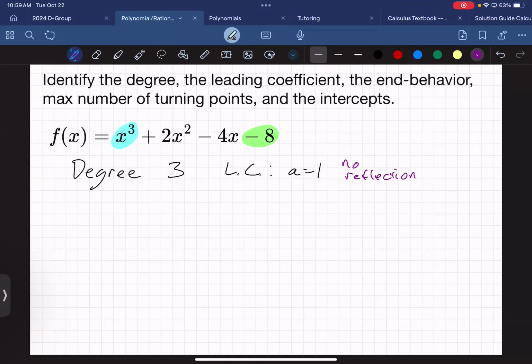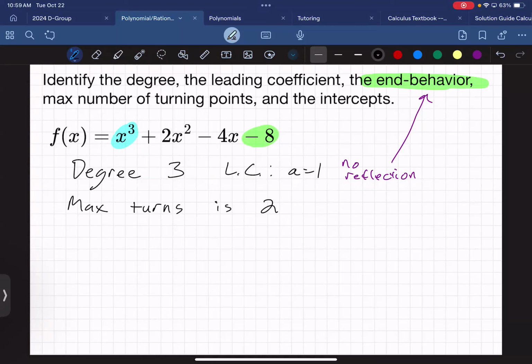Okay. Now, before we go into the end behavior, which is going to have a lot to do with the reflection, how many turns will this graph have at most? Right. At most 2, right? There's no more. So make sure you see here that the max number of turns is going to be 2.